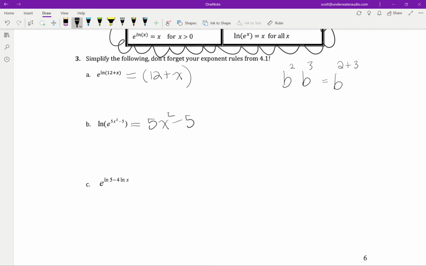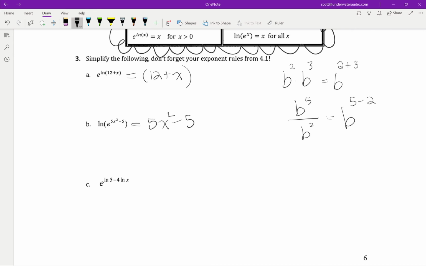And then if you have b to the 5th over b to the 2nd, this is going to be b to the 5 minus 2 power. So actually I think this one will help us.